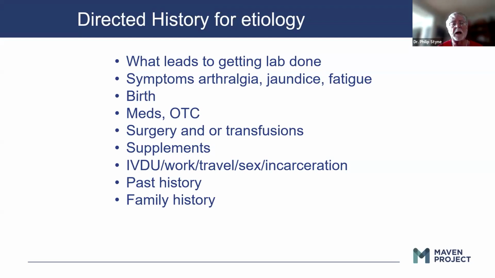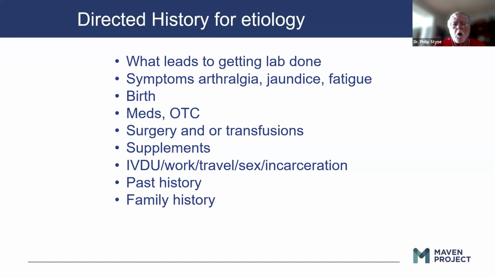A lot of times, especially in viral hepatitis, arthralgia. I get a patient every few months from a rheumatologist who was seeing the patient for acute arthralgia, and they have acute hepatitis A or B.